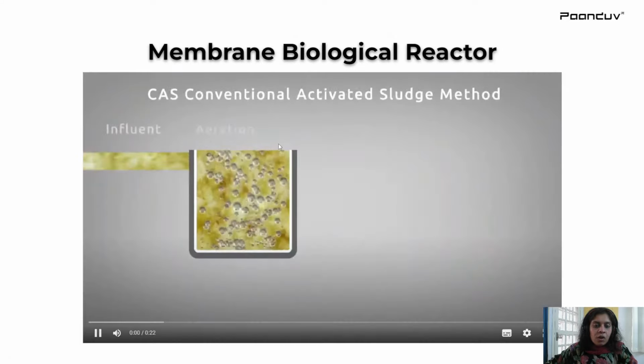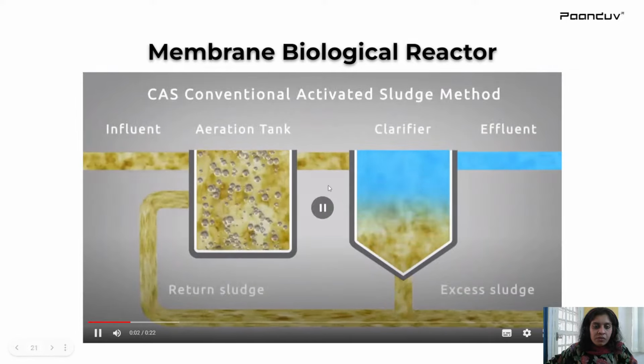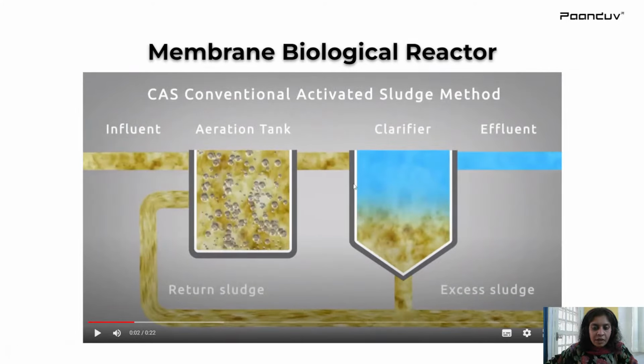Now let's talk about another efficient process, which is the membrane biological reactor. This biological reactor can completely eliminate the option of a clarifier. It can also eliminate the complete effect of the aeration tank and clarifier, and you can use just the membrane biological reactor.